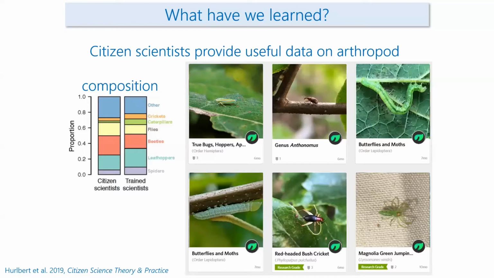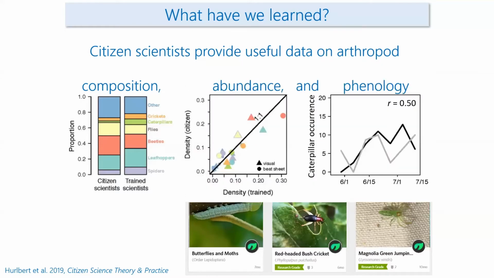Here you can see, by the relative size of these different colored blocks, that in general we got pretty similar estimates of the biodiversity present, a lot of similarity. Not just in the relative proportion overall, but even at the scale of individual branches. This middle graph shows the estimated density, that is, the number of bugs per survey branch.